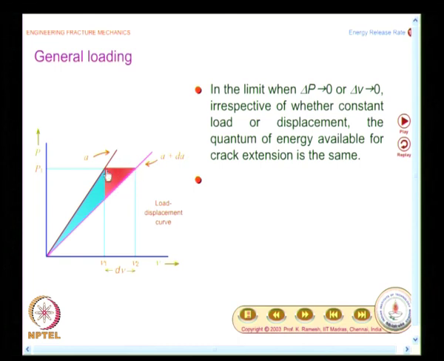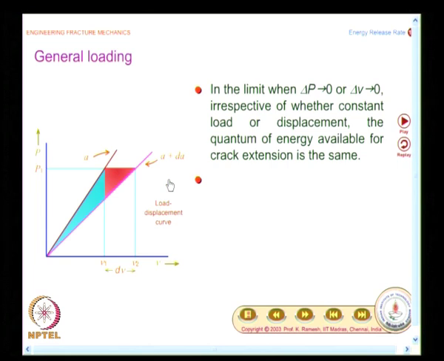What will happen to this triangle? This triangle will keep on shrinking. So, from this observation, it is possible to make a statement, the quantum of energy available for crack extension is the same for both constant load and constant displacement.